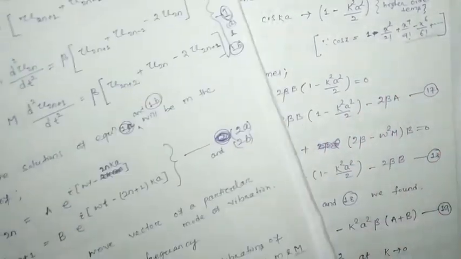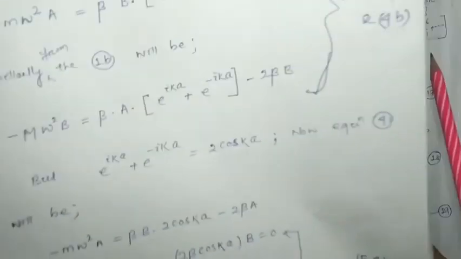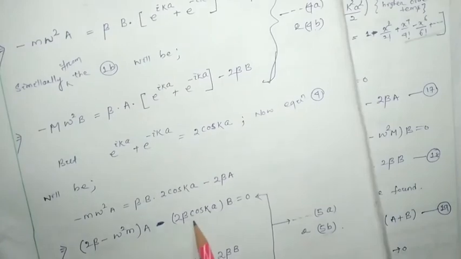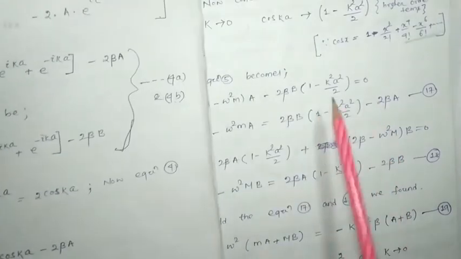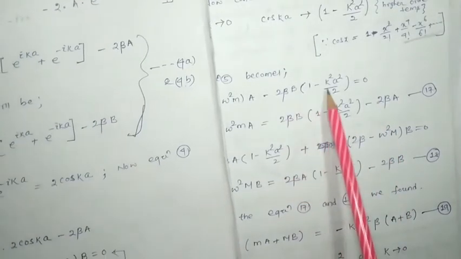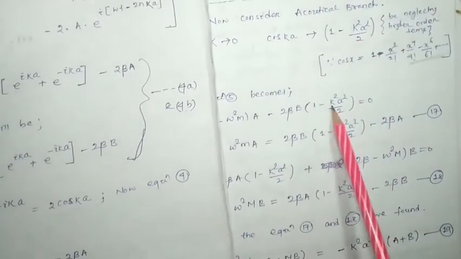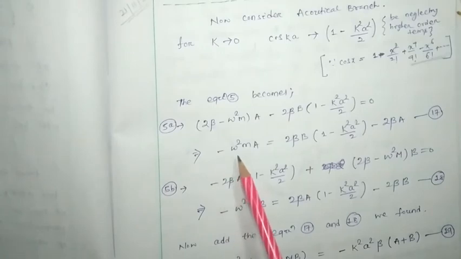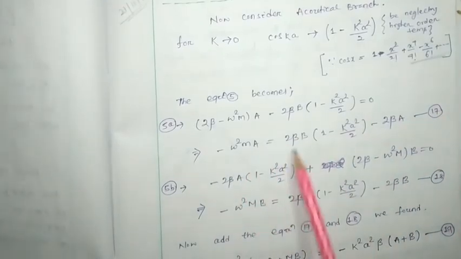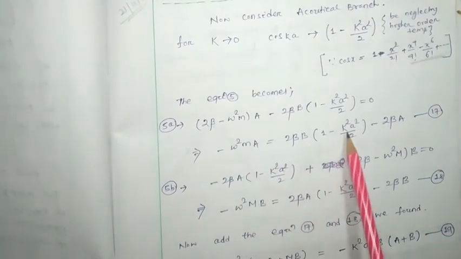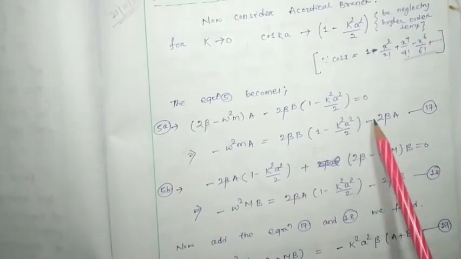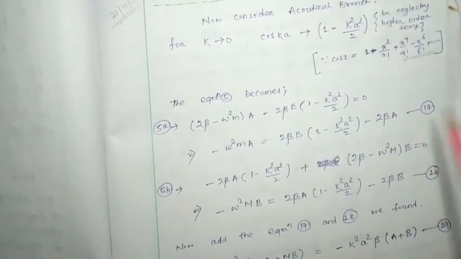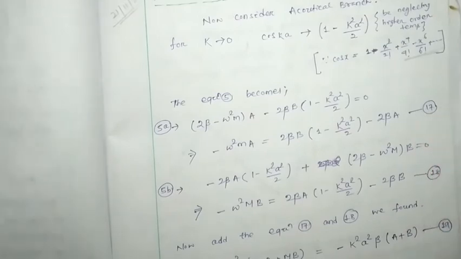So equation number 5a will be 2 beta minus omega square m into a minus 2 beta b into, instead of cos ka, 1 minus k square a square by 2, plus 2 beta a, equal to 0. So here I can write 2 beta b into 1 minus cos ka, equal to 0. That implies minus omega square m a is equal to 2 beta b into 1 minus k square a square by 2 minus 2 beta a. Let it be equation number 17.